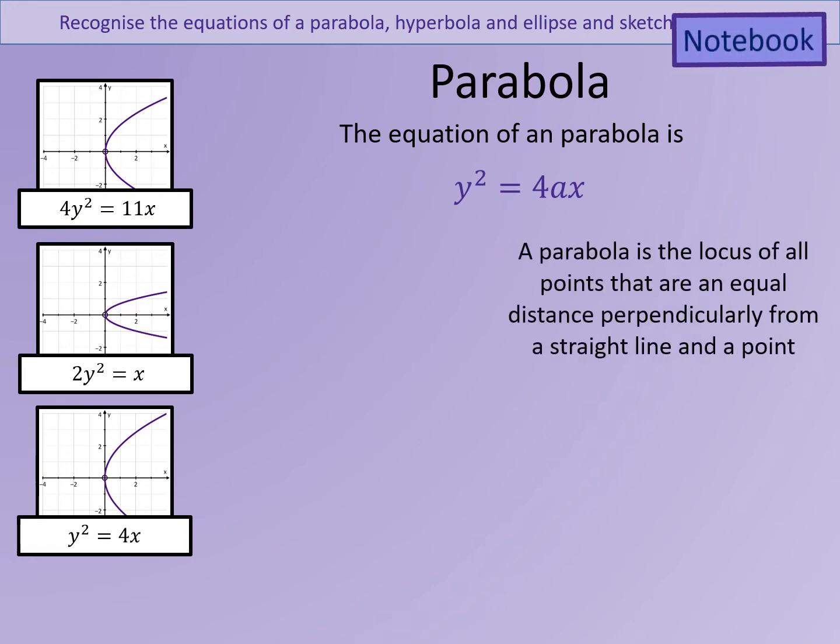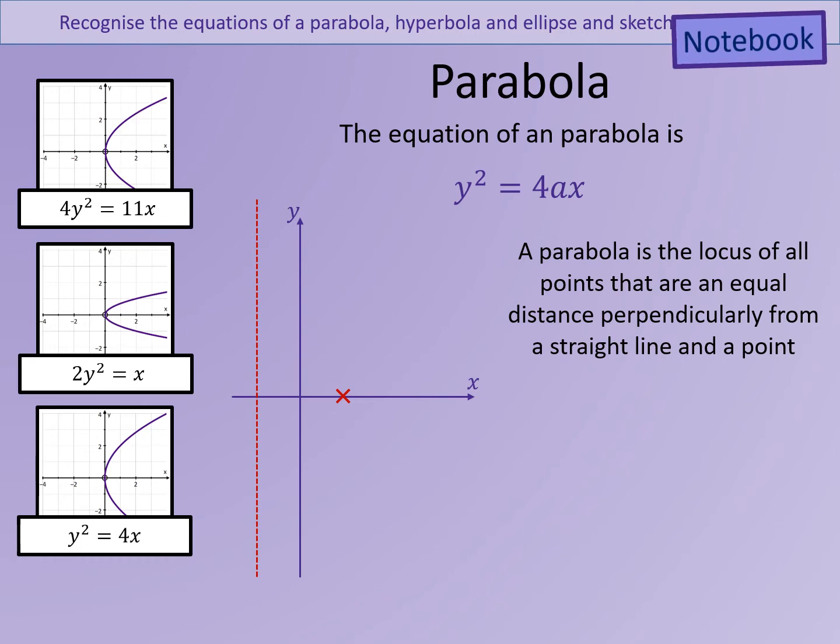So a parabola is defined as the locus of all points that are an equal distance perpendicularly from a straight line and a point. We're going to look graphically at what that means. So here are some coordinate axes. We're going to choose a point on the x-axis and a line parallel to the y-axis.